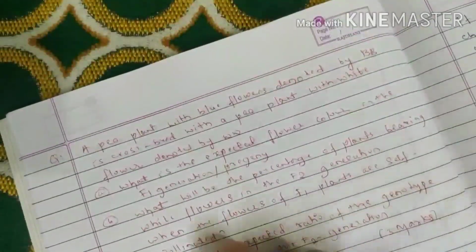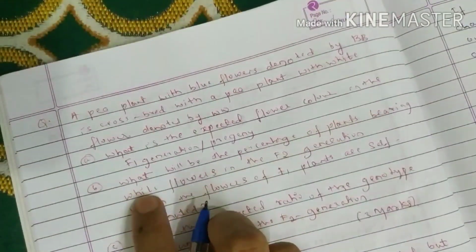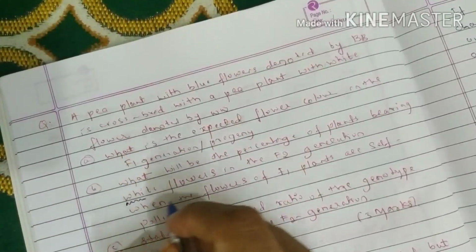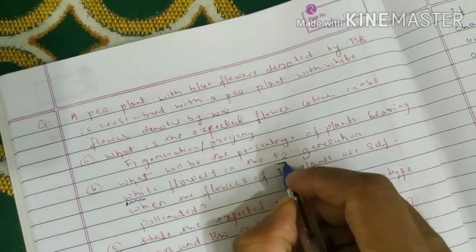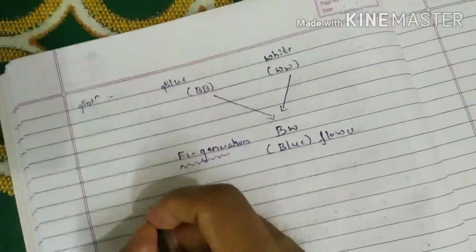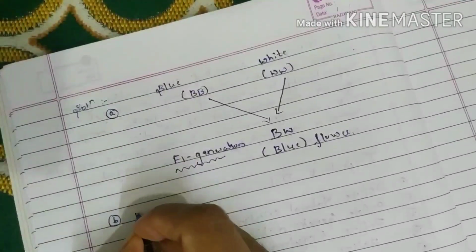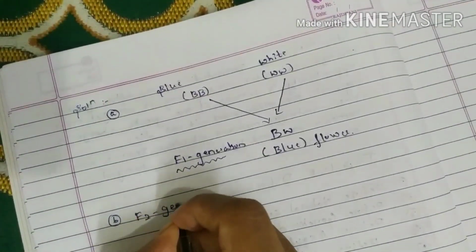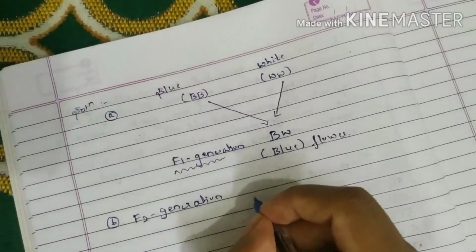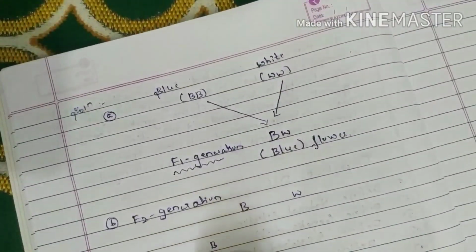Next one, B: what will be the percentage of plants bearing white flower in the F2 generation? So how much white flower can be produced in the F2 generation? Now take the F2 generation. This is answer A, over. Now come to B. For the F2 generation, I take Bw and self cross with Bw.